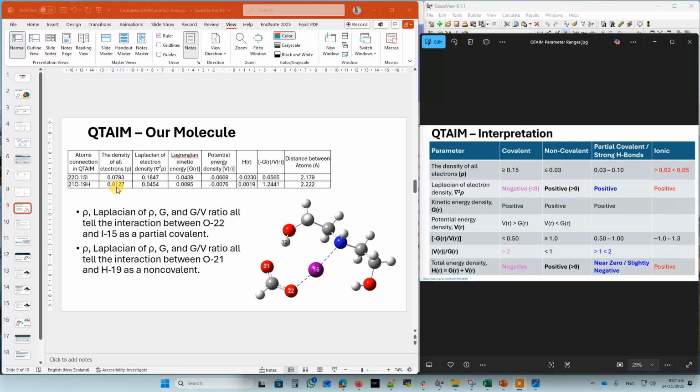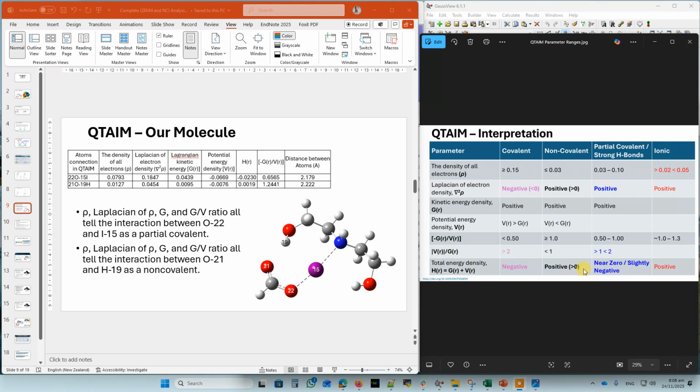If you look at the 0.01, the density is in this region. And then if you look at the Laplacian, that is positive. Of course, it's positive for non-covalent interactions. And then the GR is positive, and HR is 0.001. It is positive. So it can be in these two regions, like it's near zero, but it is positive.